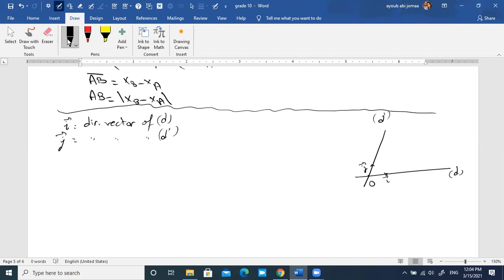And let's consider any point M in the plane. Consider vector OM.